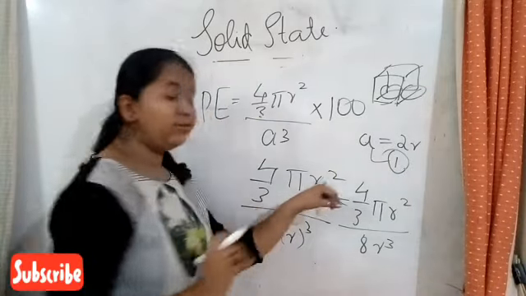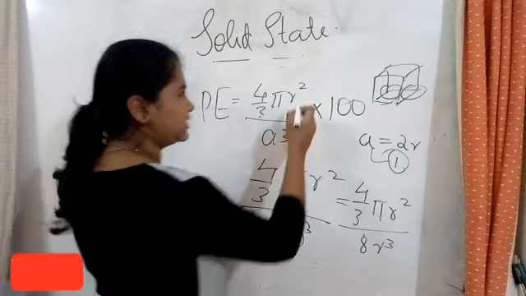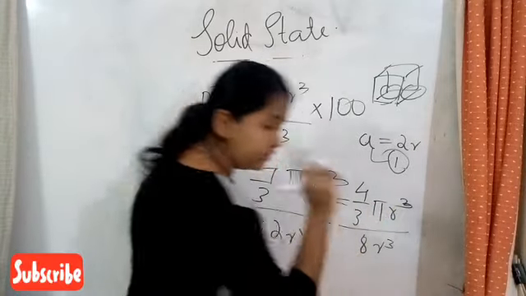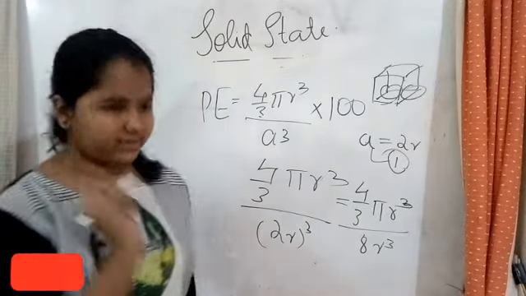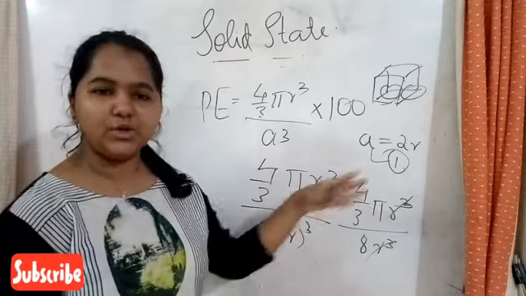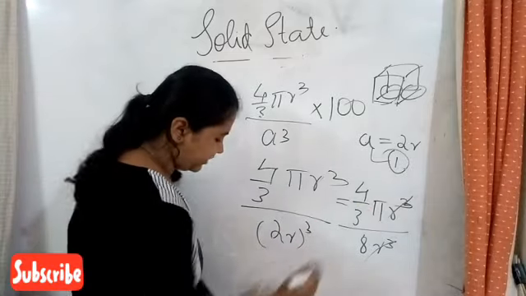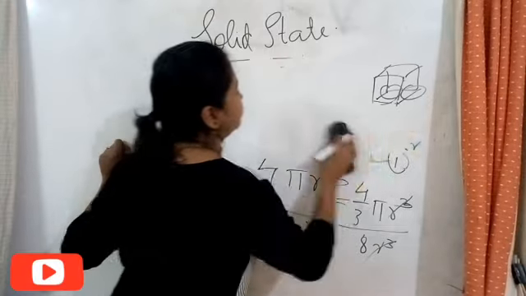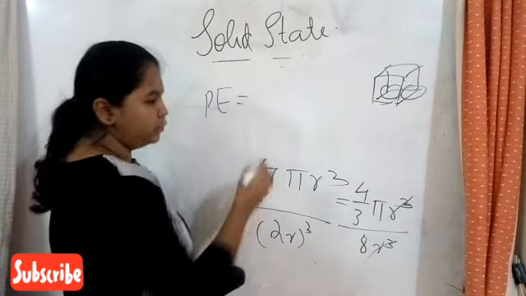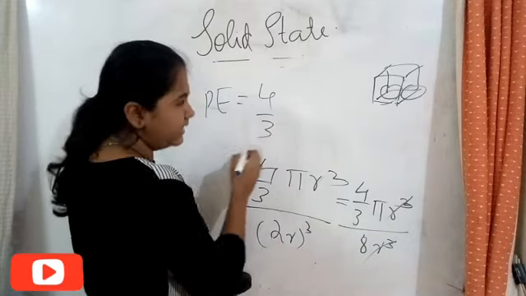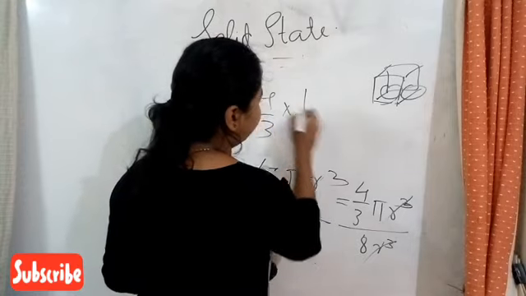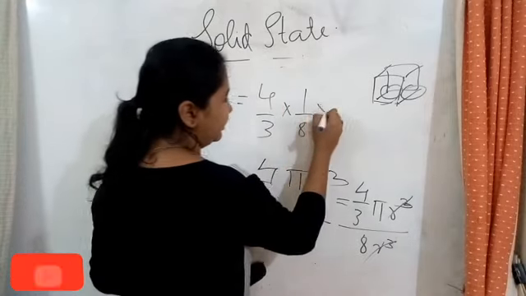Now, 4 by 3 pi r cube, because that is the volume, and this is 8r cube. These r cube terms get cancelled out. Now, how will you solve this? Packing efficiency is equal to 4 by 3 into 1 by 8 into pi.